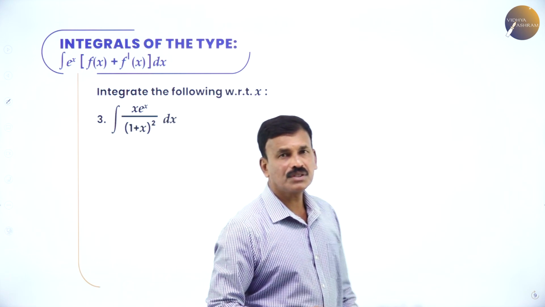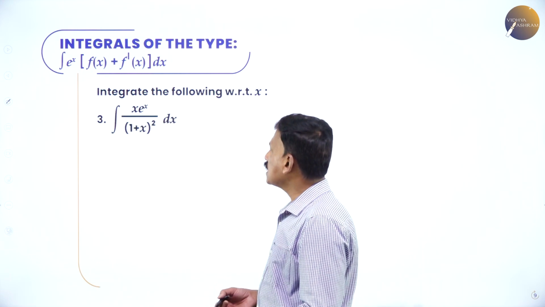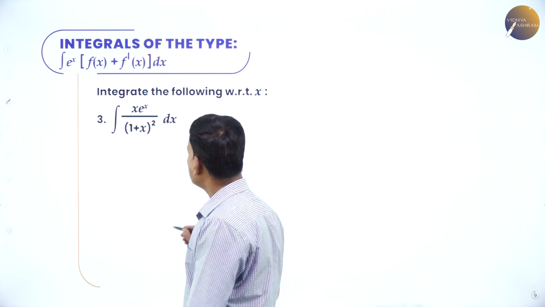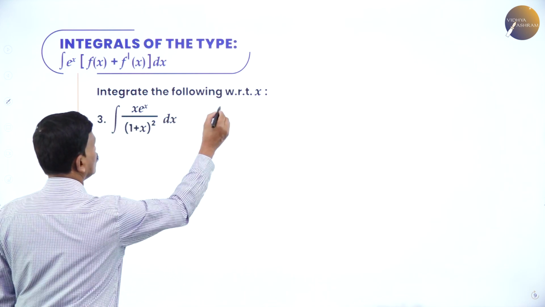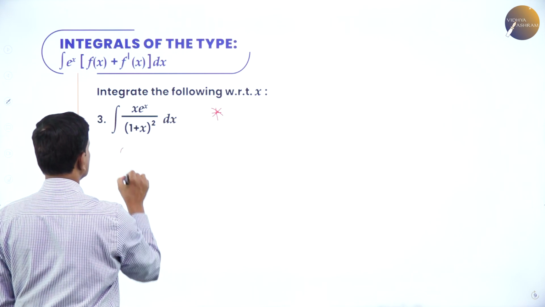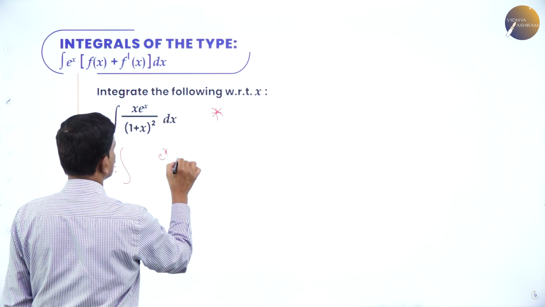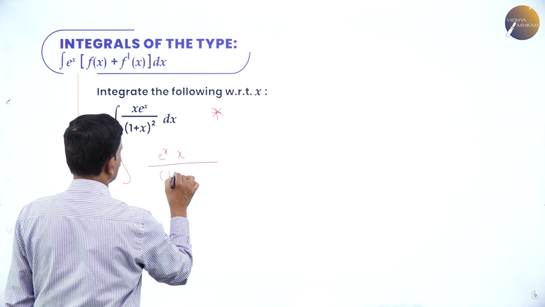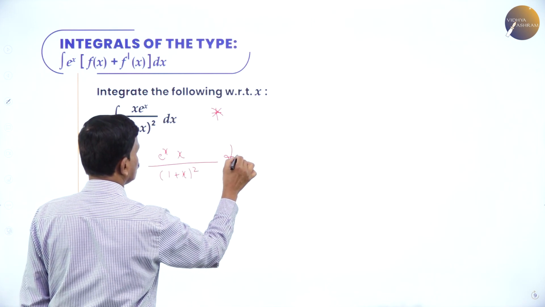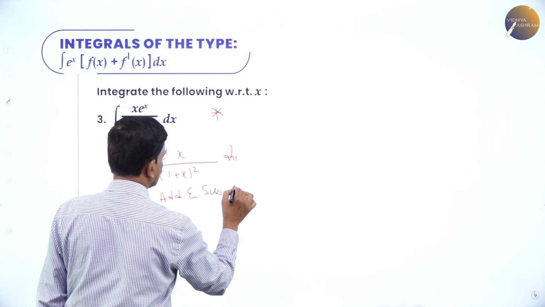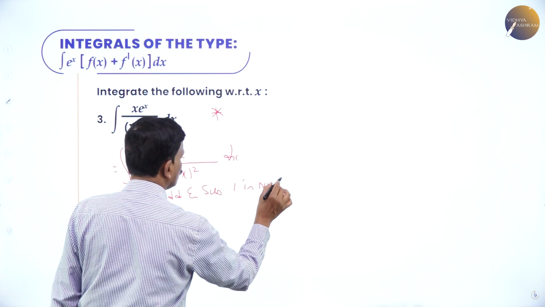This is very important for 3 marks. Integral of x e raised to x divided by (1 plus x) whole square, right? Now, this can be written as, very important problem for 3 marks, integral e power x into x divided by (1 plus x) whole square dx. Just add and subtract 1 in the numerator.